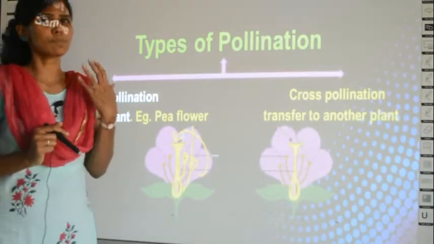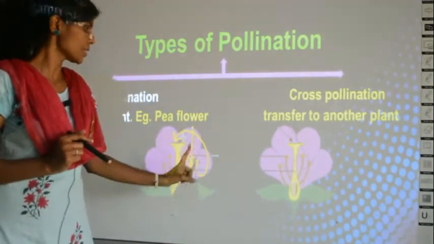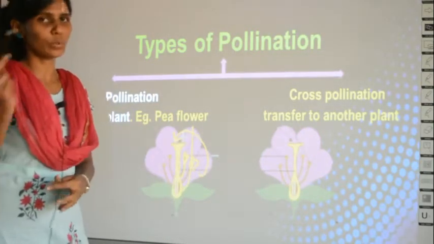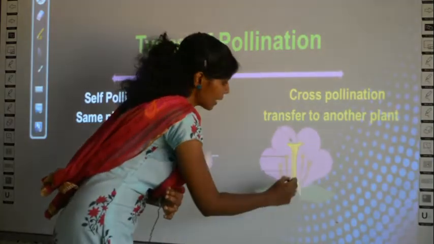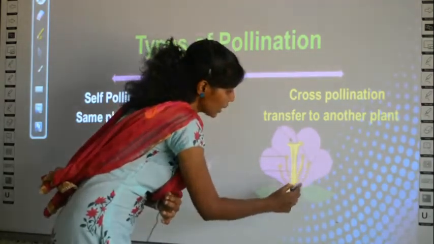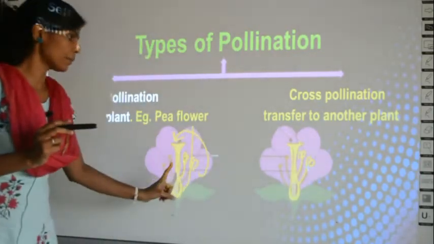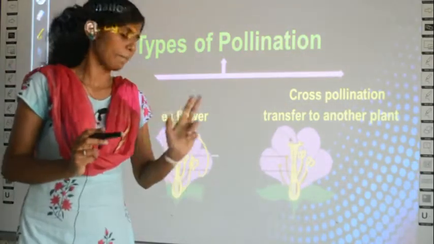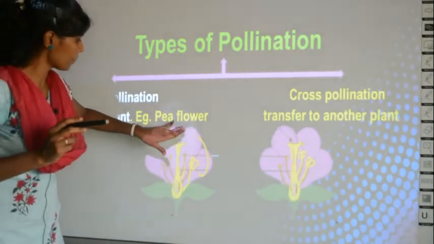What is cross-pollination then? See, this is flower number 1, this is flower number 2, this is some other flower, okay. So here you again have stigma and you have pollen grains, right. So this is flower number 1, this is flower number 2. Suppose instead of being transferred like this, this is not going to happen.